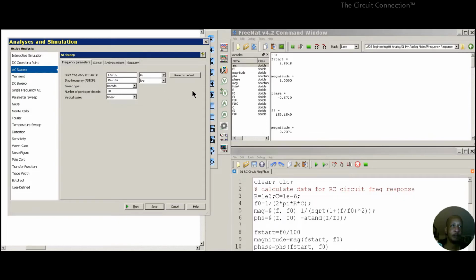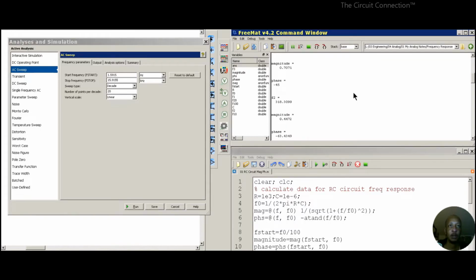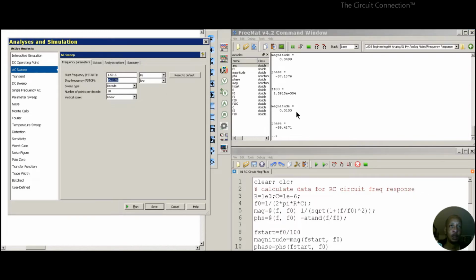We can take out that 5 there. And then our terminal frequency is going to be 1.5915 times 10 to the 4. So that would be 4 decimal places: 1, 2, 3, 4. So that would be 15,915.